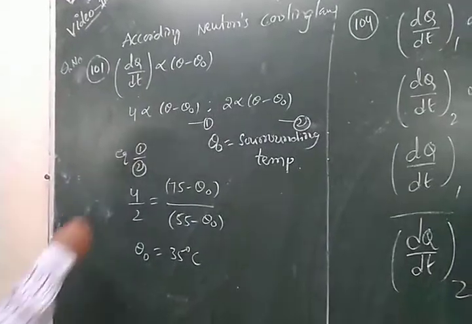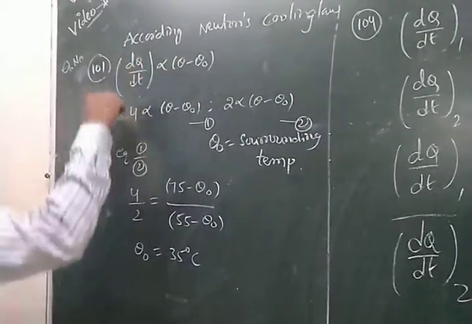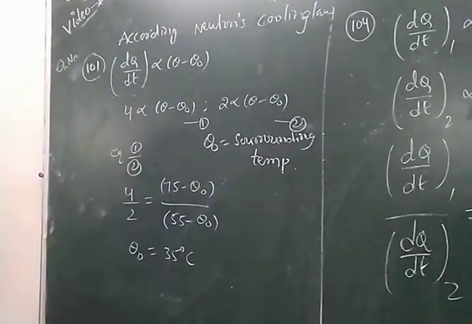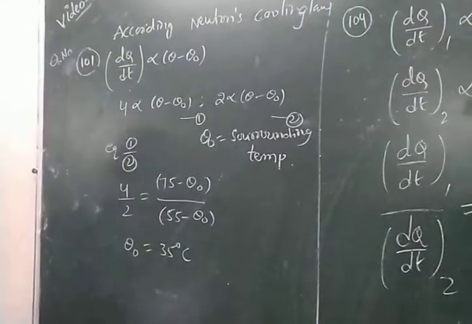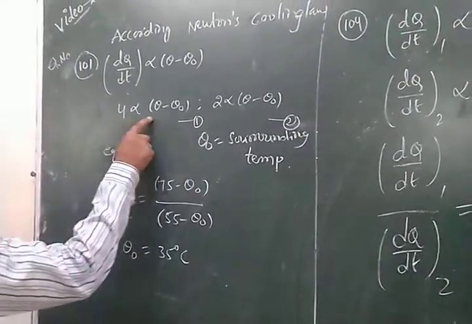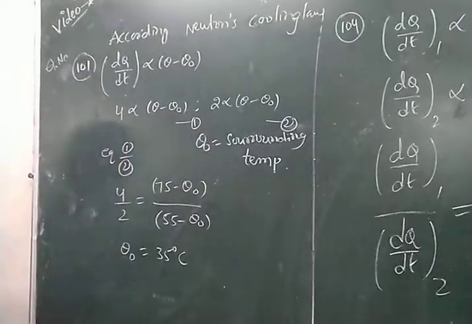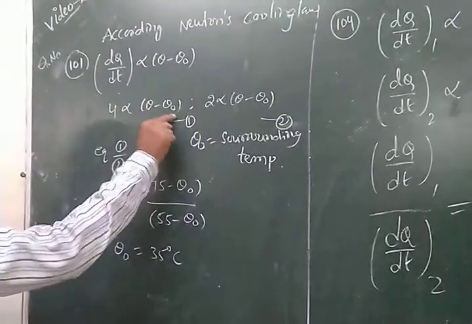Here the rate of cooling per minute is given. The first one, 4 degrees, is directly proportional to the temperature difference, theta minus theta naught.